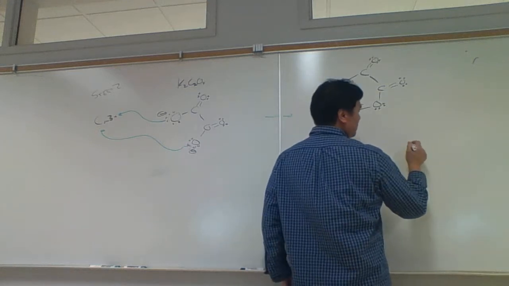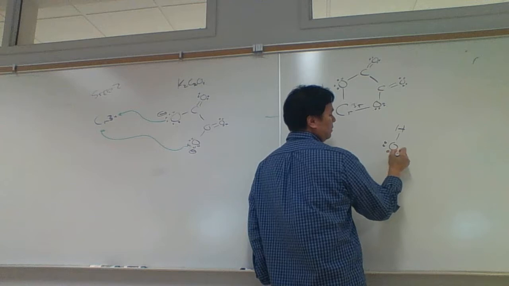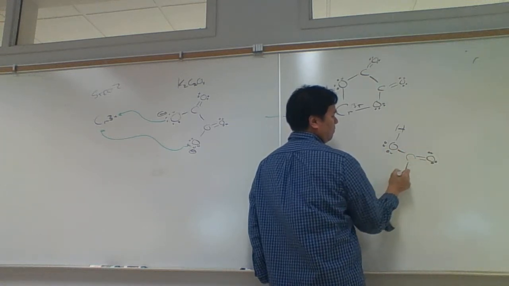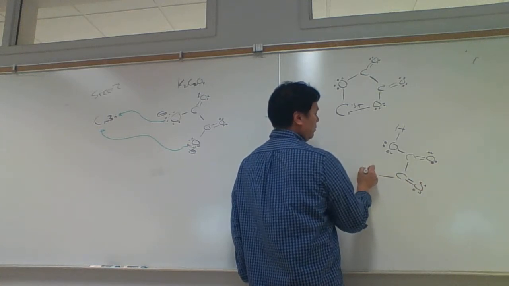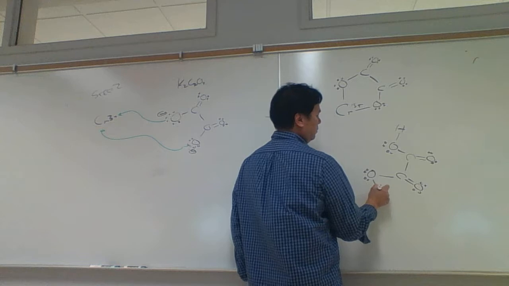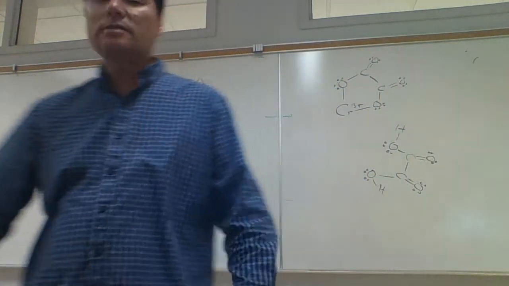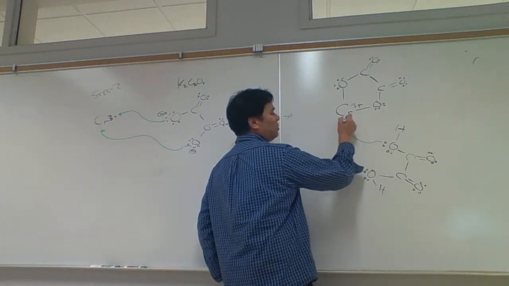Well, oxalic acid can do the same thing. So for example, if we had oxalic acid here, what can happen is this lone pair here can attack the chromium like this.